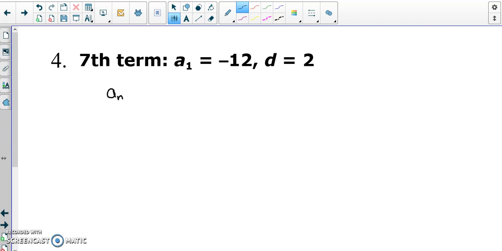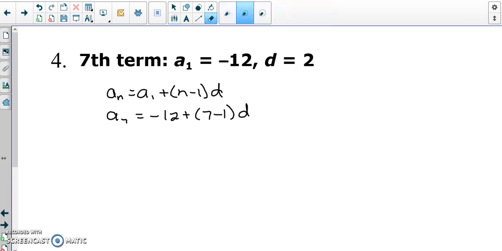So just start with our formula again. A sub n equals a sub 1 plus n minus 1 times d. So I want a sub 7 equals a sub 1, which is negative 12, plus 7 minus 1 times 2.